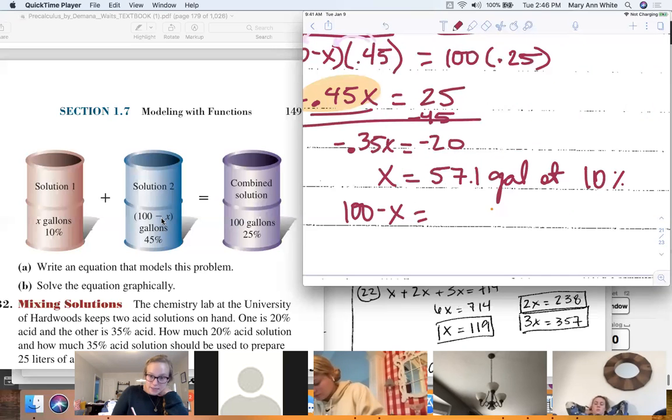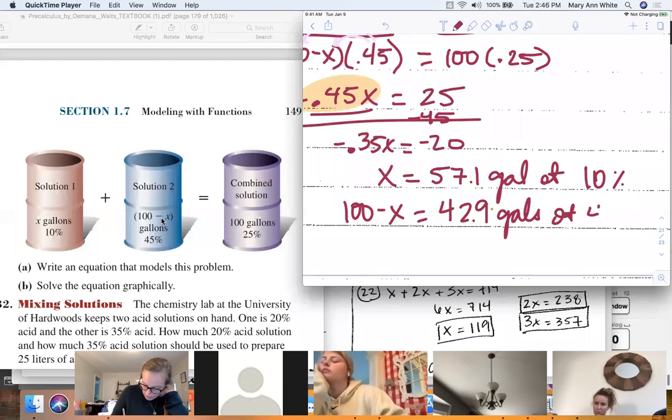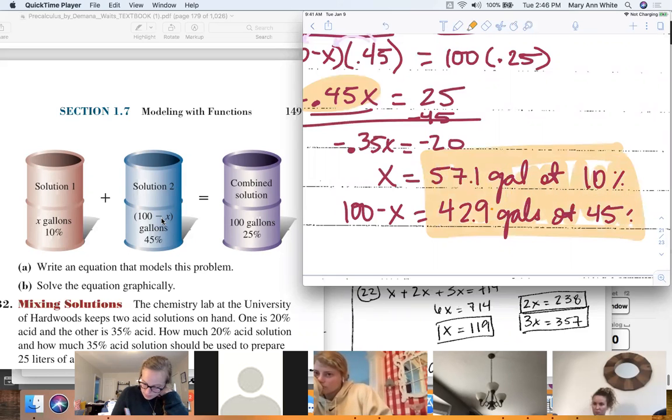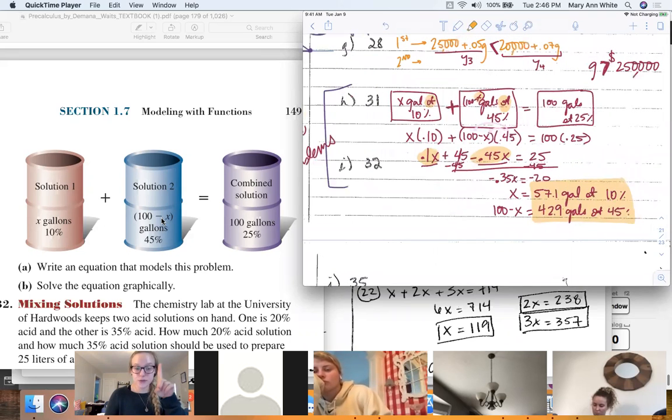Well, 100 minus x is going to be 42.9. And that's gallons of my 45%. And this is all I want as my answer. So what helped us is we drew a picture and then we just used algebra to solve.